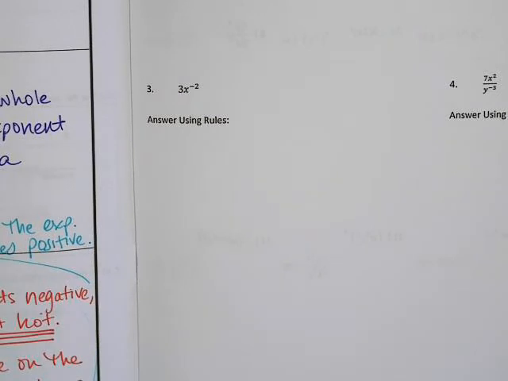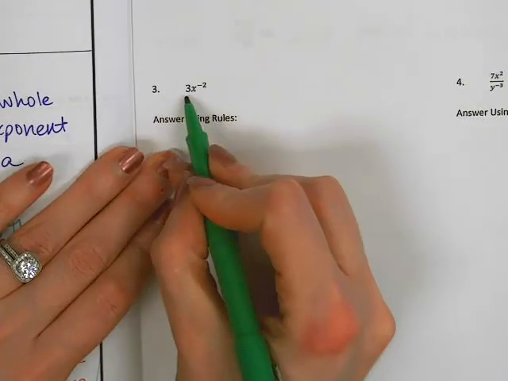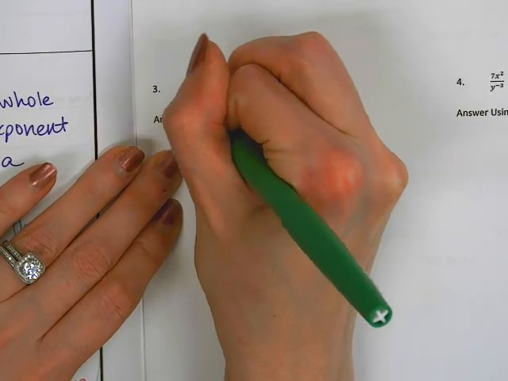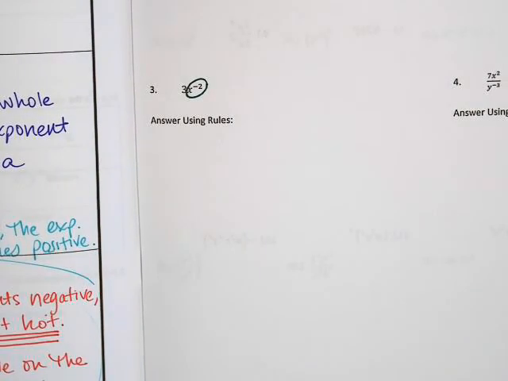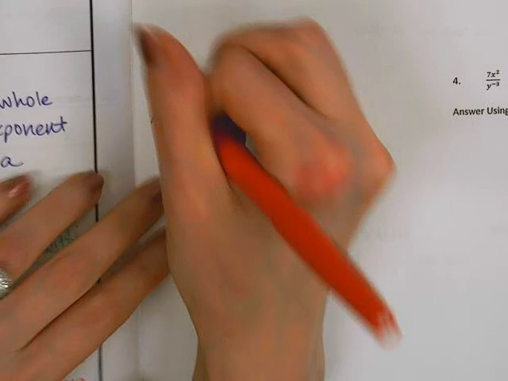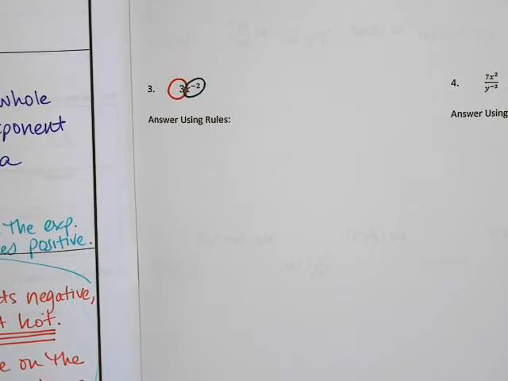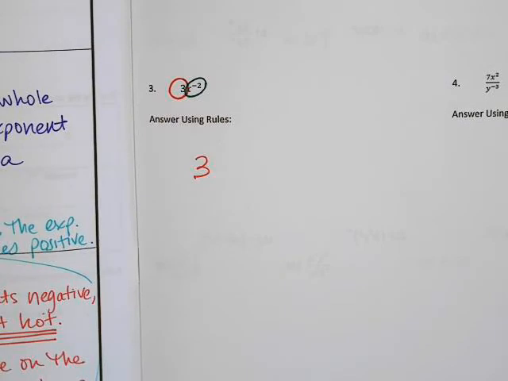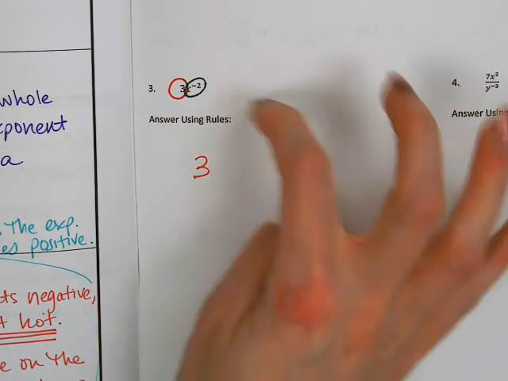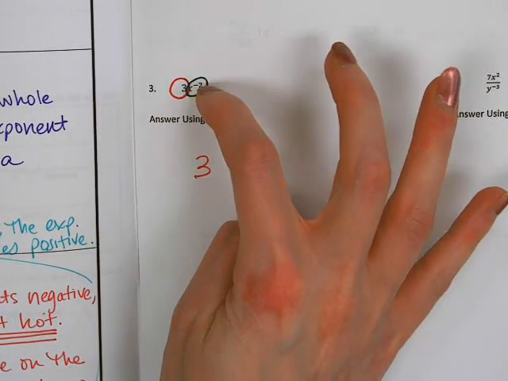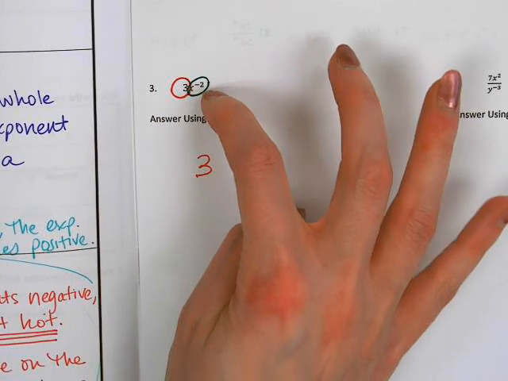Okay, so number 3. Now, something to be aware of, guys, you can only move bases and exponents. They're a pair, and the 3 is actually totally separate. So think of those as 2 separate things. Now, the 3 is good. But if your exponent's negative, drop it like it's hot.